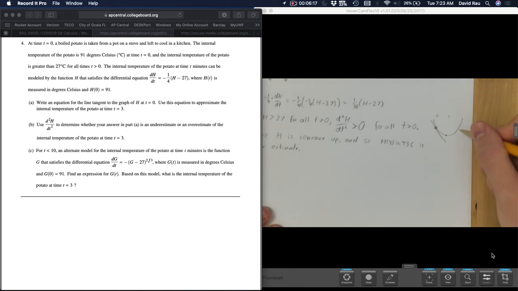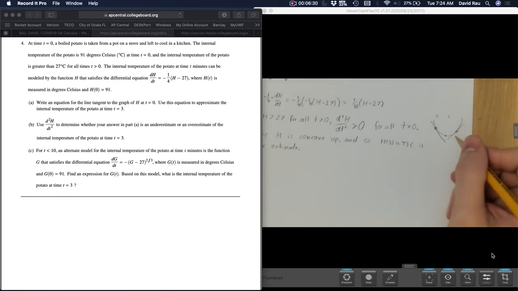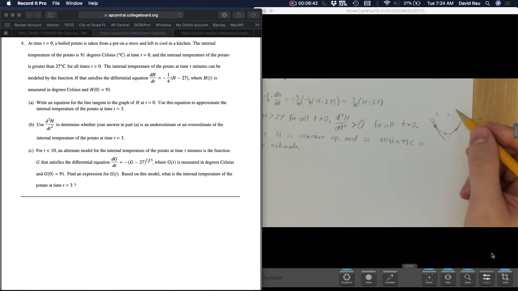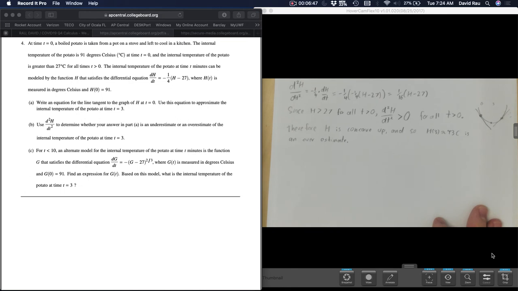And wherever you were to put your line, let's say it was somewhere else over here, you can see that my tangent line is always sitting, except for where it is tangent, below the actual graph. So if it's concave up, your tangent line is going to underestimate all the time. And likewise, if it's concave down, your tangent line will rest above in all the other places, so it would be an overestimate. That's what's going on in part B.